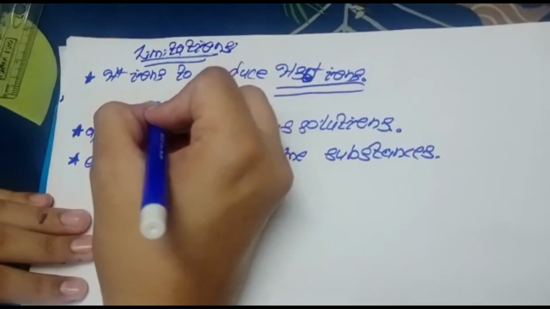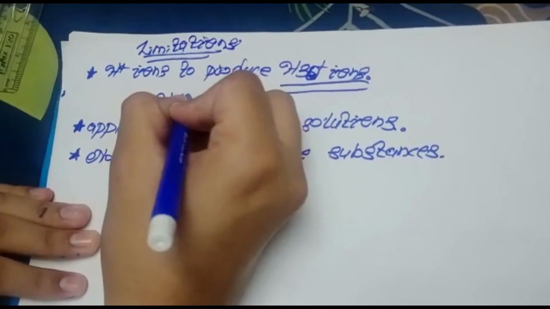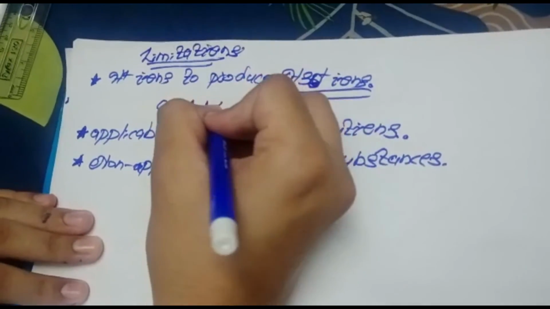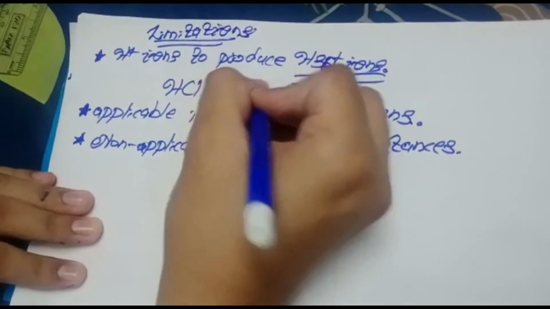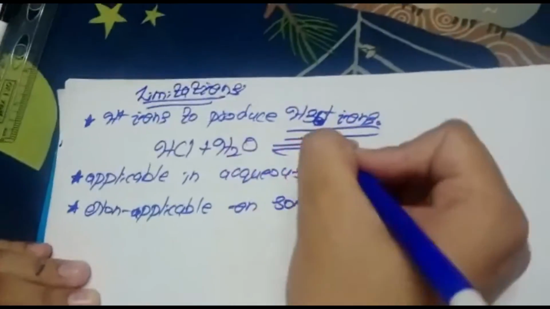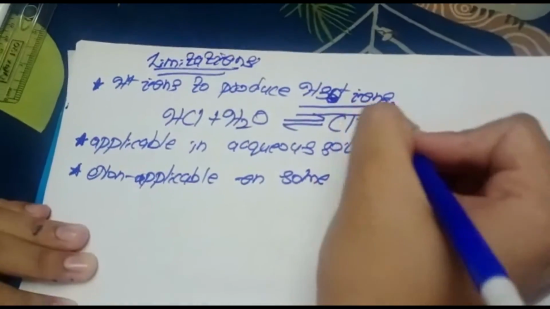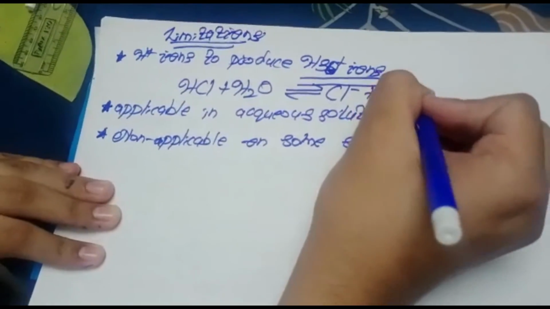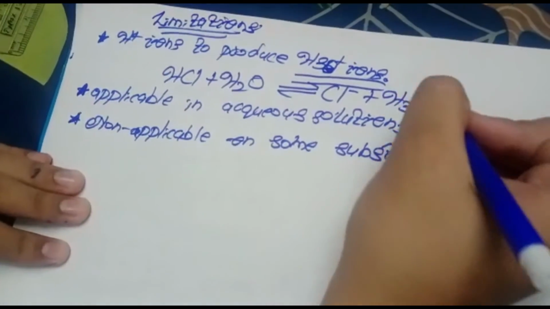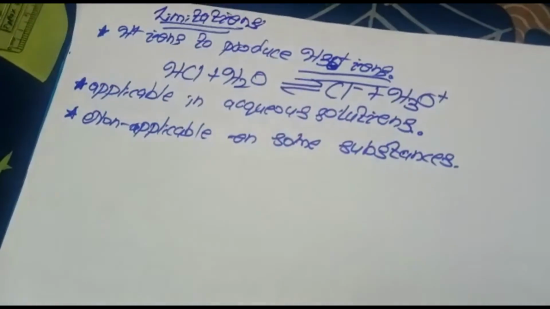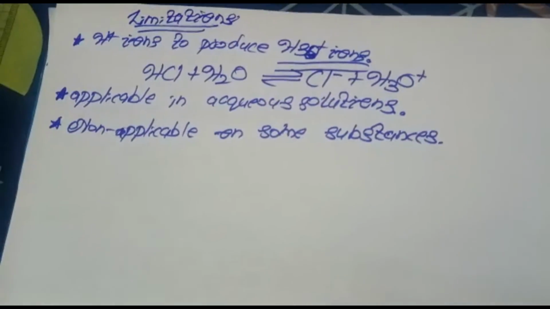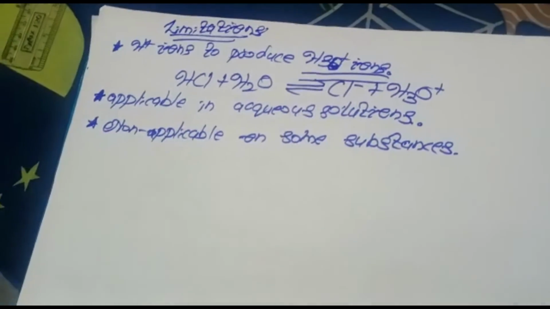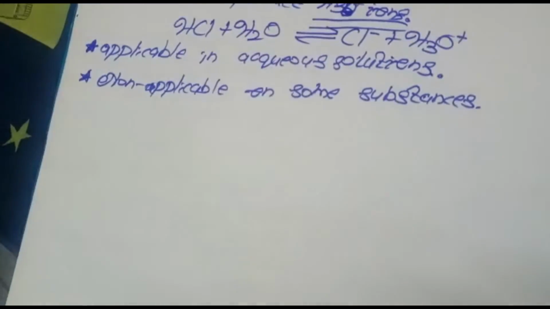For example, HCl reacts with water and forms chloride ion plus hydronium ions in water, while it does not form any hydrogen ions individually. That was a major limitation of Arrhenius theory.